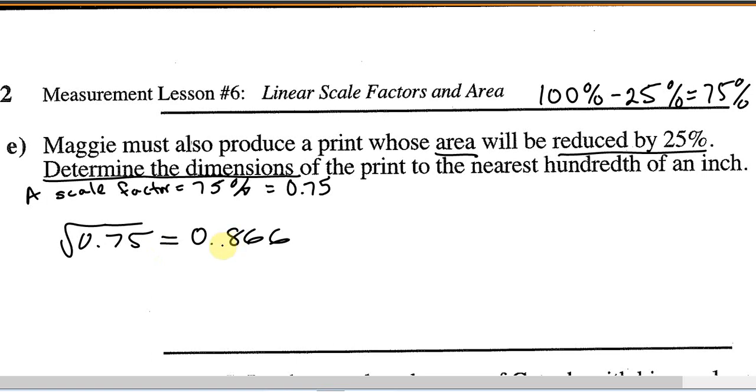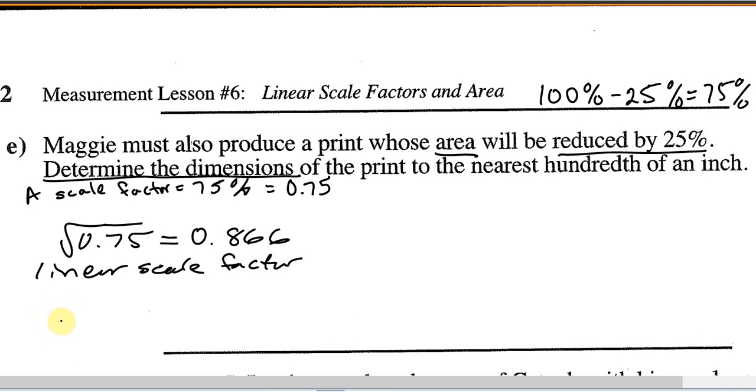We're going to take this new scale factor. This is now our linear scale factor. And we're going to multiply it to each of the dimensions of the original print.